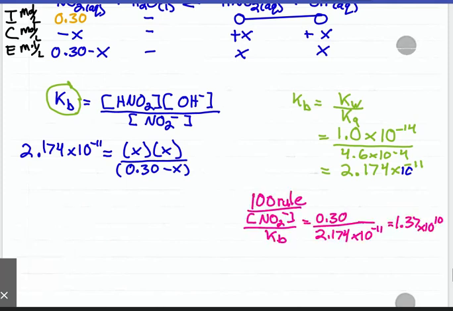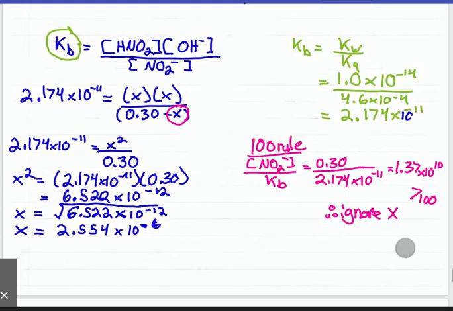So we quickly do a 100 rule check, and we see that it is significantly greater than 100. So therefore, we can ignore our x, and then we can go ahead and solve for our x value.